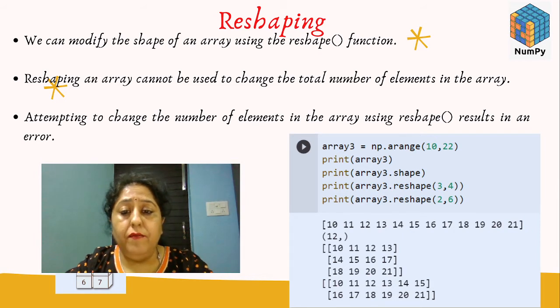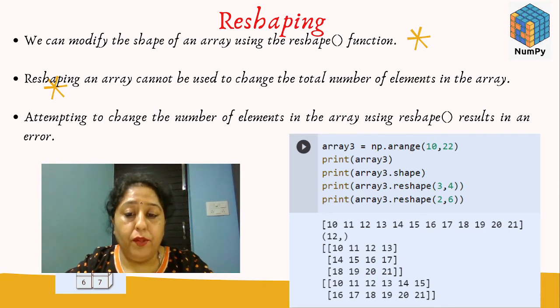Here we are trying to create an array 3 with the range function np.arange 10, 22. That means you will have an array with starting value 10, ending value 21 and step size 1. So this is the array 10, 11, 12, 13, and so on till 21.